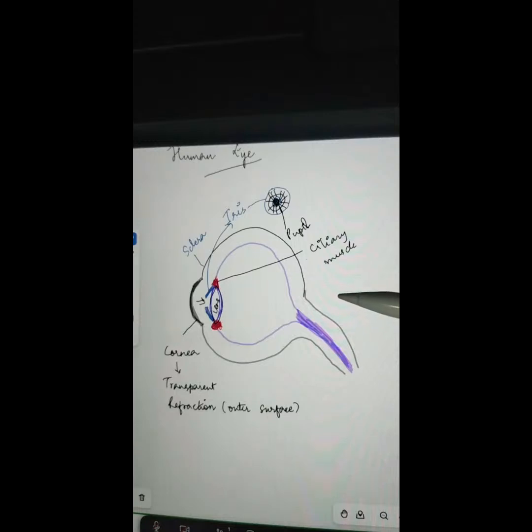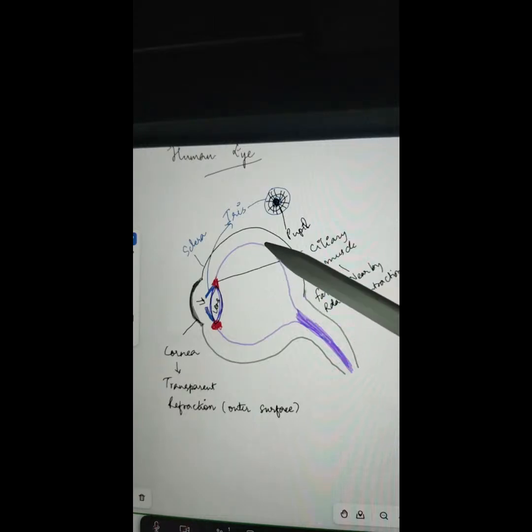And once we are seeing nearby objects, they are going to be contracting. So ciliary muscles relax, they contract, and they regulate the size of the lens. Very important: when we are seeing a far object, it relaxes, and when we are seeing nearby objects, it contracts. This is to be learned.